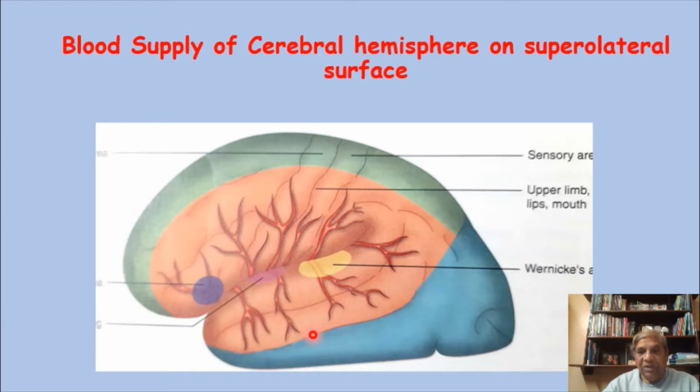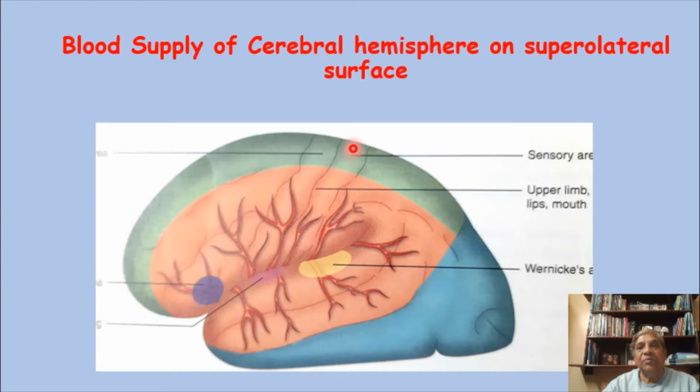Okay, so you have understood the superolateral surface, but this area is very important, because there is Broca's area of the motor speech. And then here is the auditory area in the superior temporal gyrus. Here is Wernicke's area, the sensory speech area.